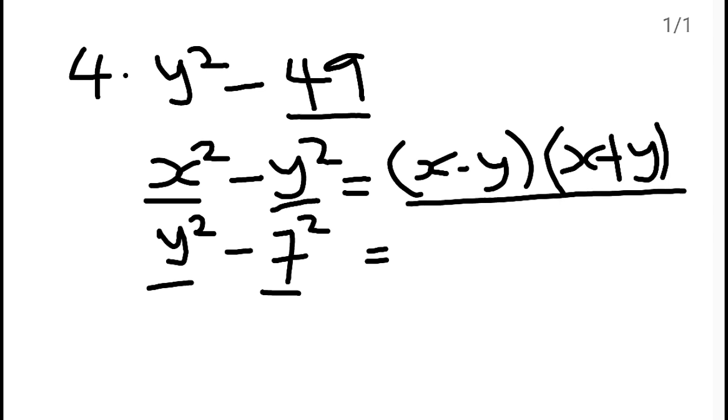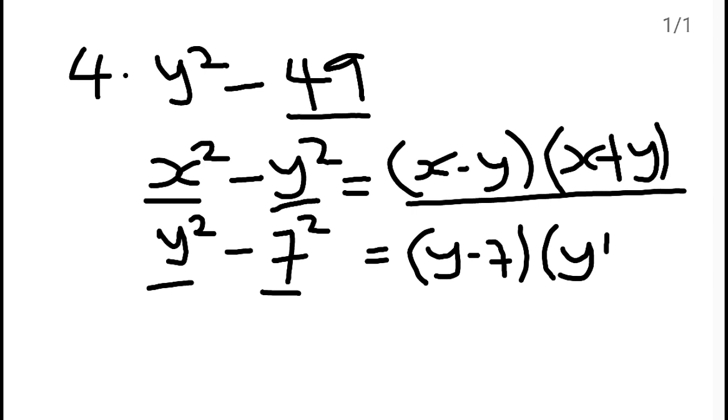So in these two brackets, where there is x, you're going to put y, and where there is y, you're going to put this 7. So we shall have y minus 7 multiplied by y plus 7. This is also done.